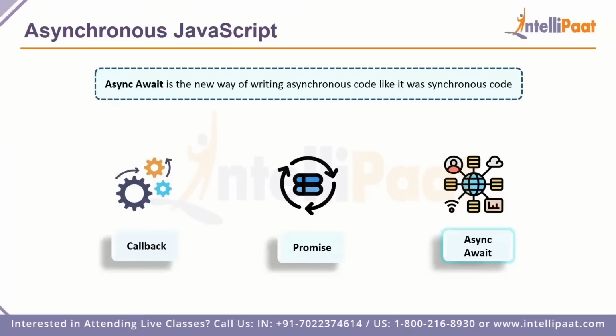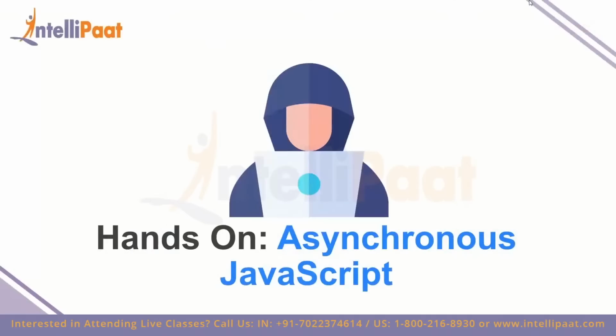So we can write asynchronous code just as we write synchronous code, without using promises or callbacks, with just the async and await keywords. And that was about it. Our language and our runtime will understand what exactly we're trying to accomplish, and it will take care of all of those things on its own. So with that, let's take a look at how we can perform asynchronous code on our own by looking at a hands-on.